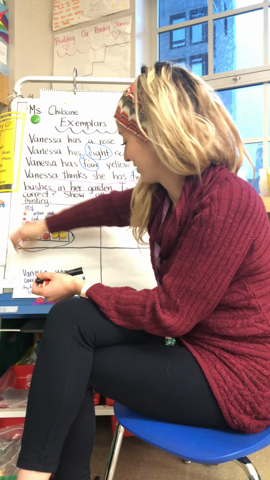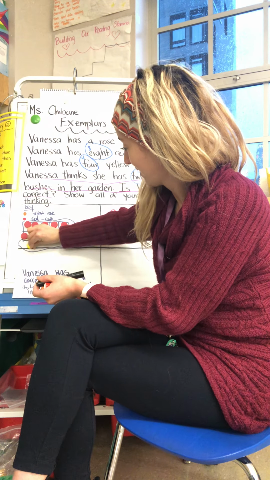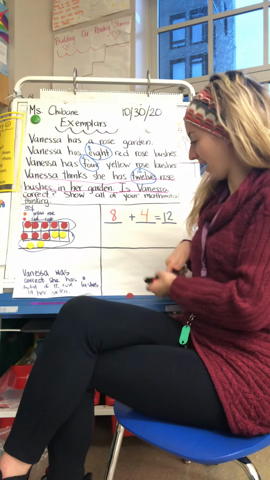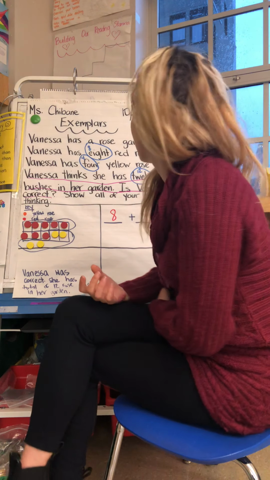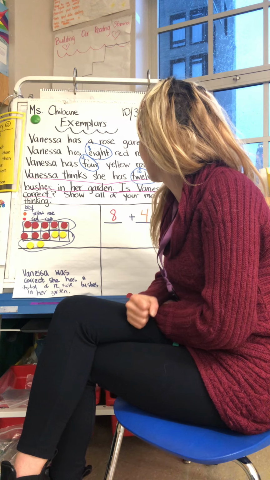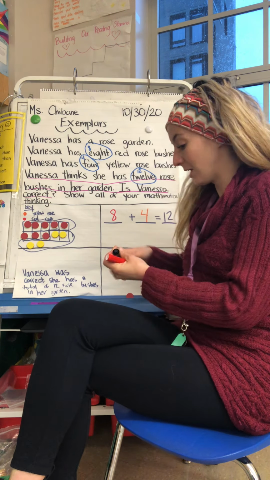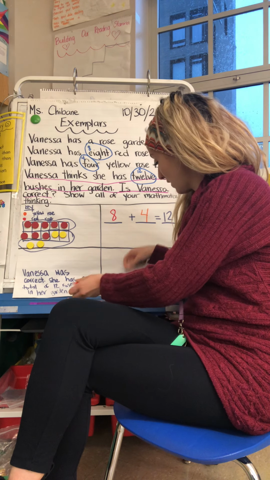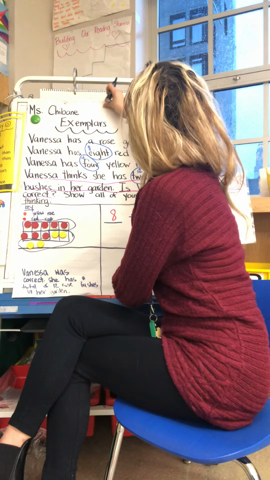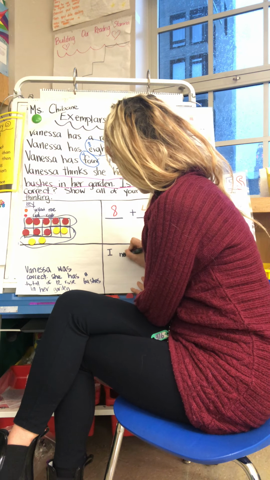So this is my representation, my diagram. Oop. And then I want to see, what did I notice? What did I notice about my math? 8, 4, 12. Oh, those are all even numbers. I noticed that the parts and the whole are even. And you know what?